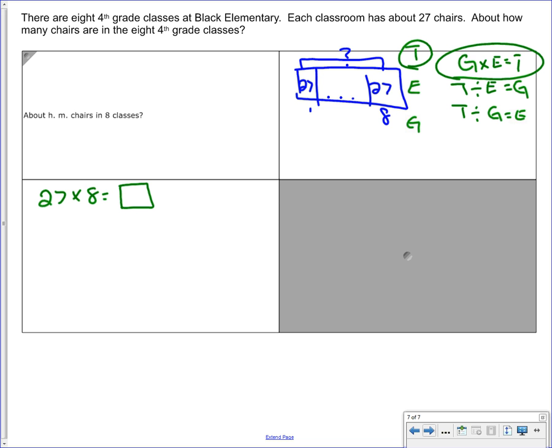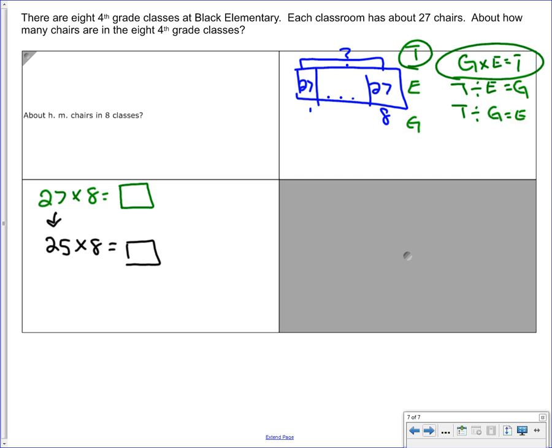Well, 27 is really close to the number 25. I can do 25 times 8 equals something. 25 is like quarters.